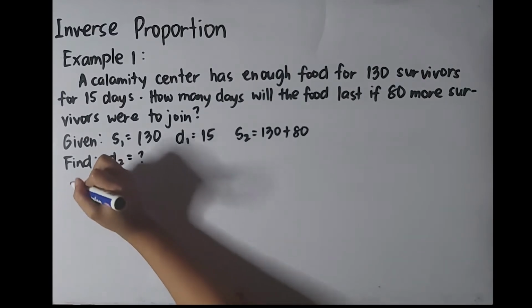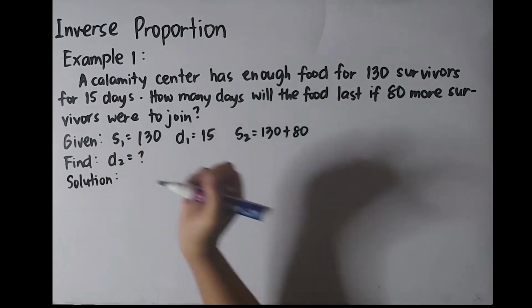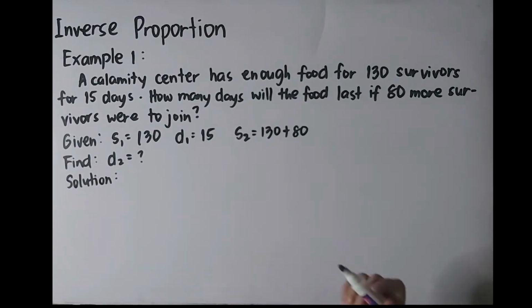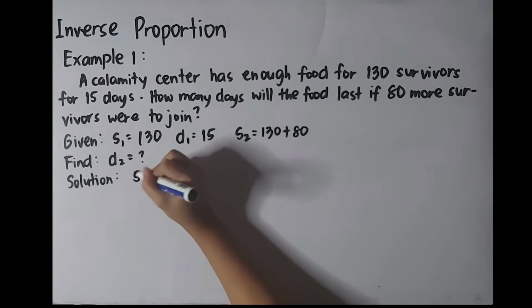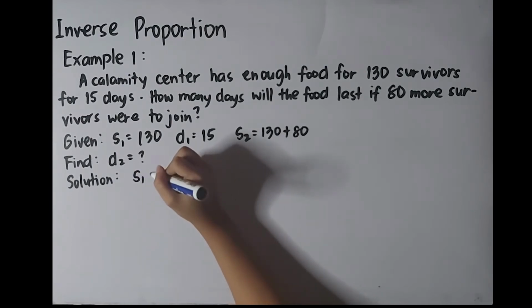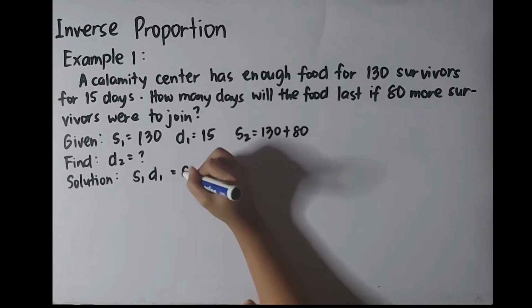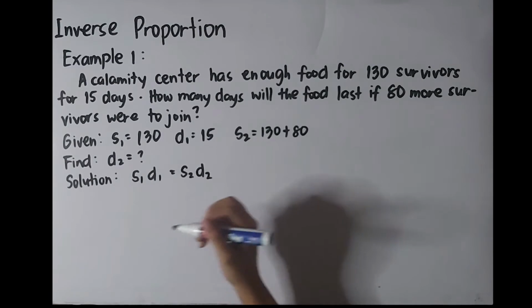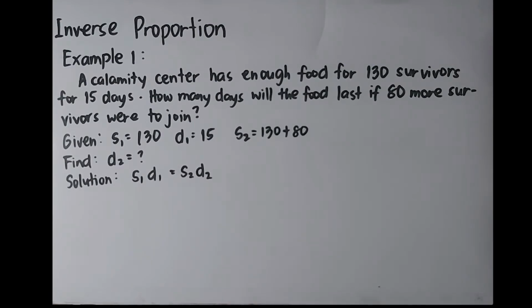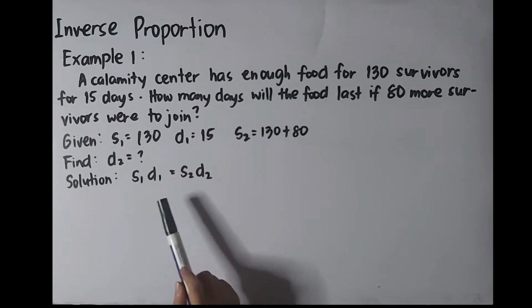So now for our solution, since it's inverse proportion, we have the formula S1 multiplied by D1 equals S sub 2 multiplied by D2. Why is this the formula?